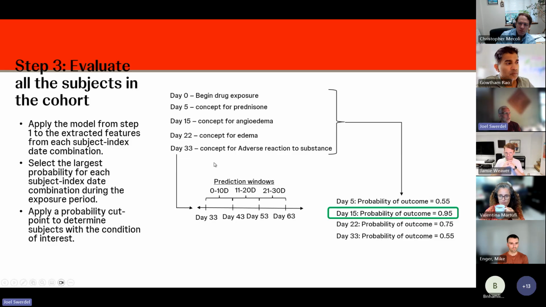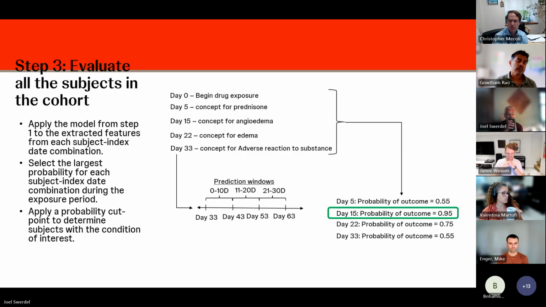In this hypothetical example, this person had these 4 different time points that we looked at. It developed 4 different probabilities based upon those time points, and we selected the highest one, 0.95, as the probability of this person having angioedema during that time at risk.